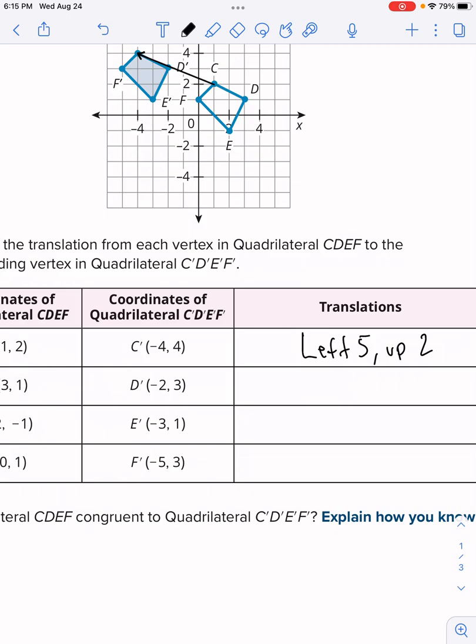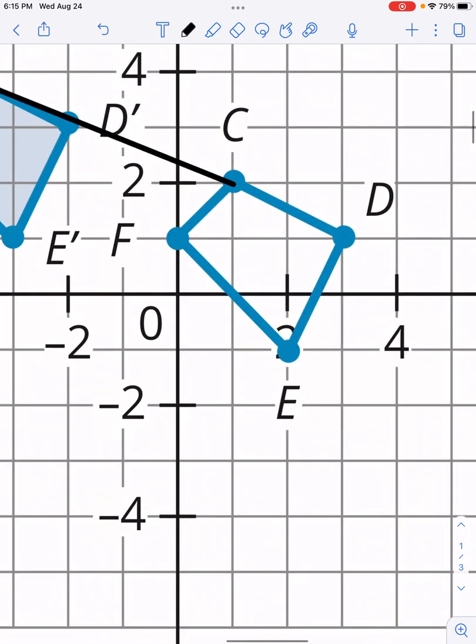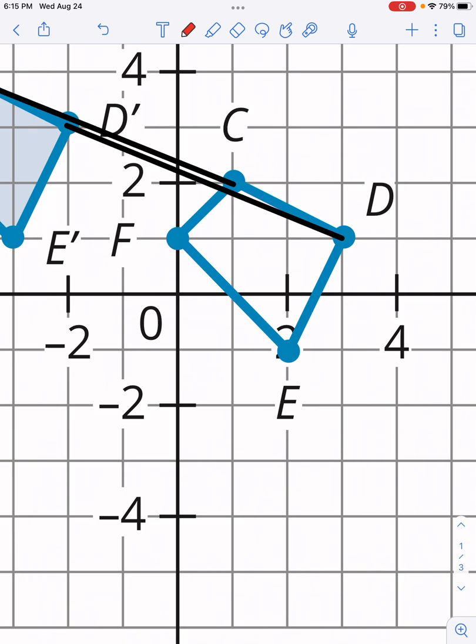All right, now moving on to D. So now let's connect those 2 points. All right, now that's very close to the line that we have for C to C prime, so just be careful here. Let's see if it's the same. Oh, sorry, let's go ahead and put our arrowhead like that. All right, I'm gonna go up 1.